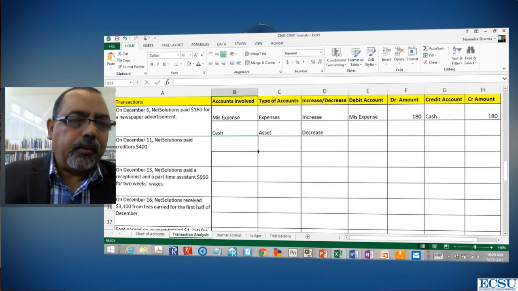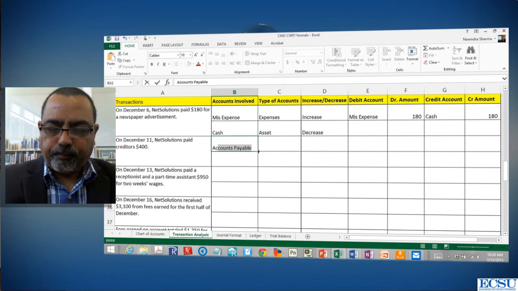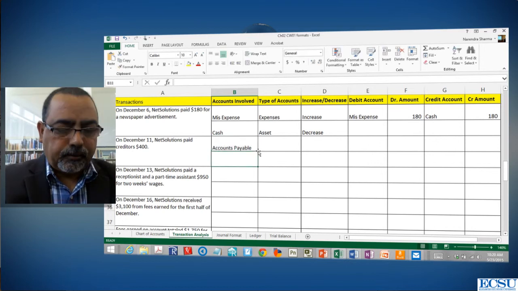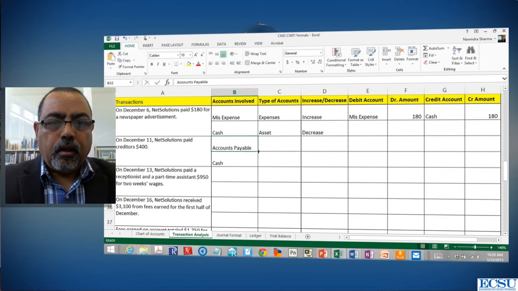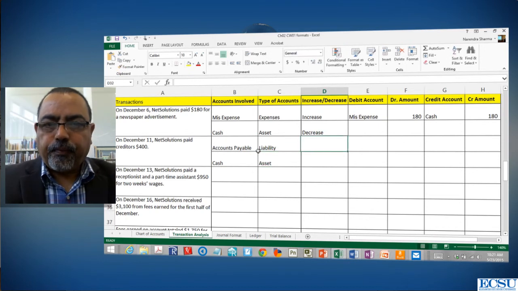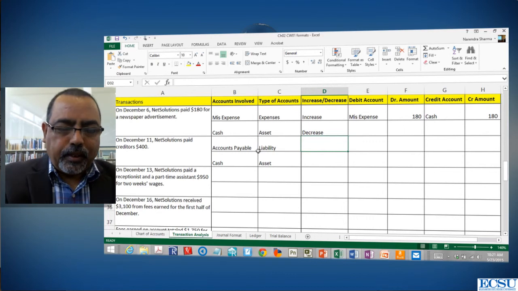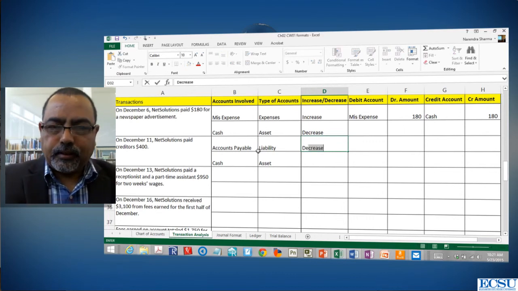Net Solutions paid creditors. Now, as soon as you see the creditors, it should be accounts payable and cash. Now, accounts payable is a liability account and cash is an asset account. Liability is decreasing because if I pay a liability, it will decrease.